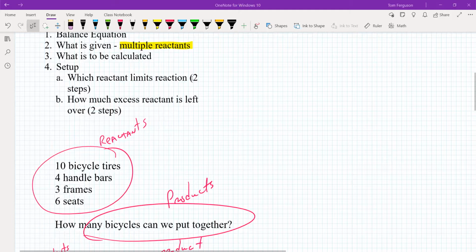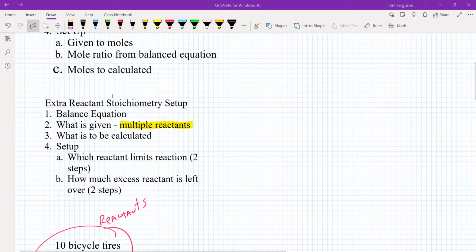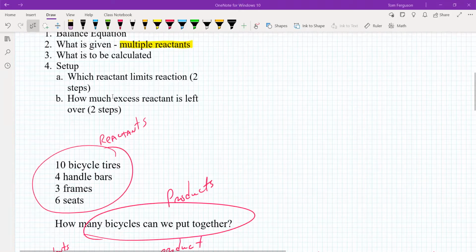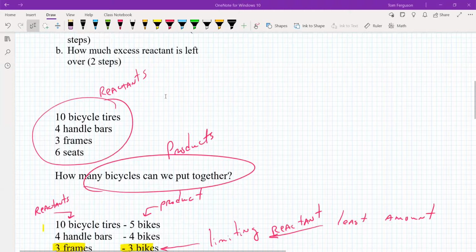So basically you assume that each reactant produces product and see which is less. And then frequently, the problem will ask what's left over reactant-wise, and that's another 2 more steps. So instead of a 1-step setup, like here, it's a 4-step process.